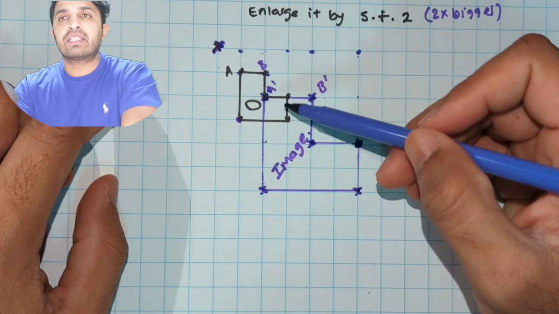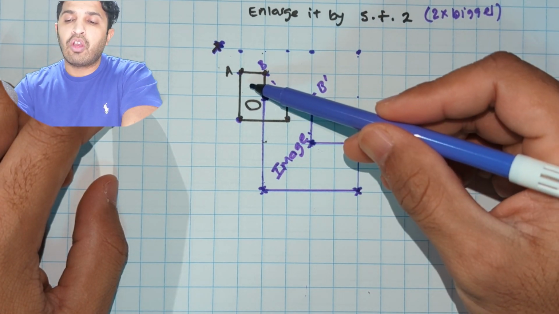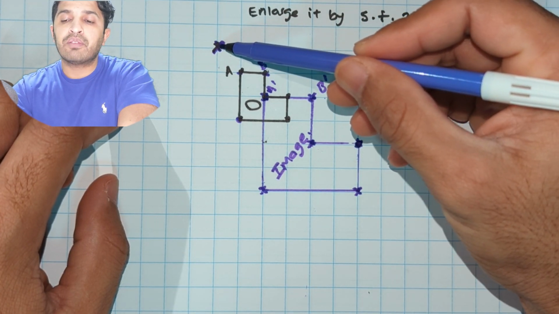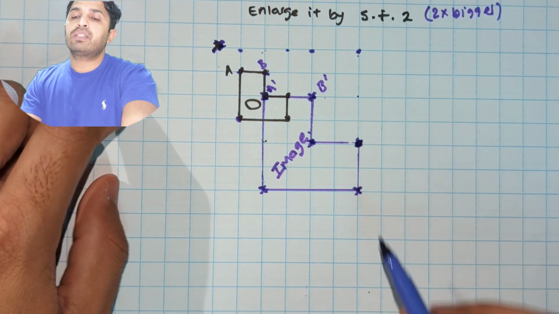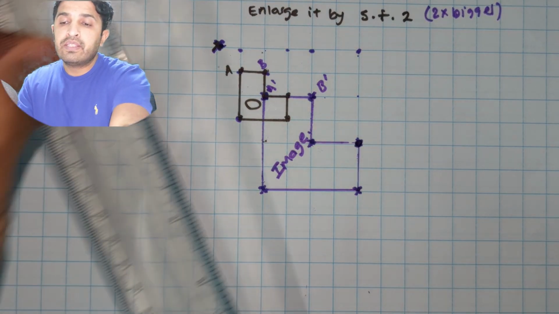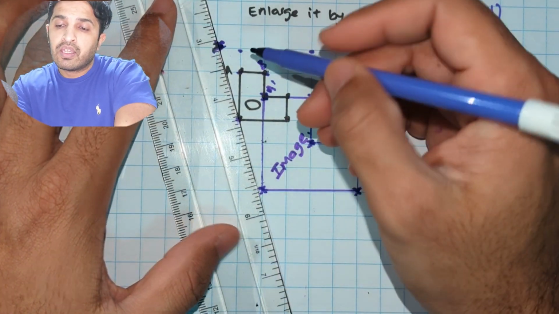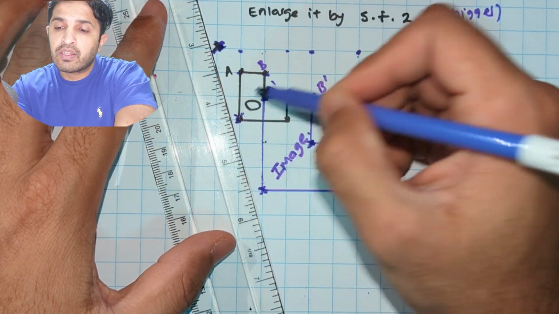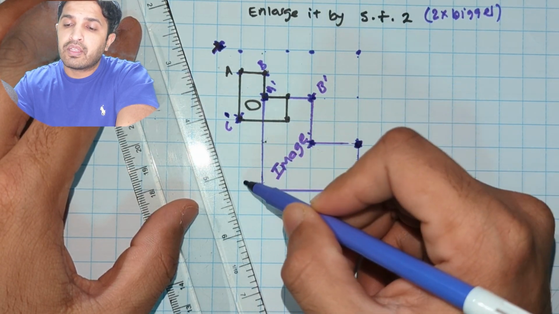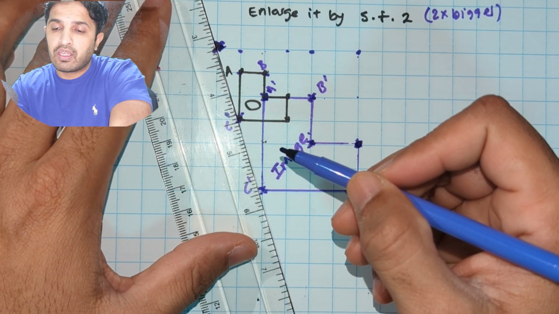Now the image is exactly 2 times bigger than the object and we use the center. So we made this image 2 times bigger from this center. And what does that mean in terms of the center? Okay, so if I draw the lines from the center to this point, let's call it C, and that would be C prime.